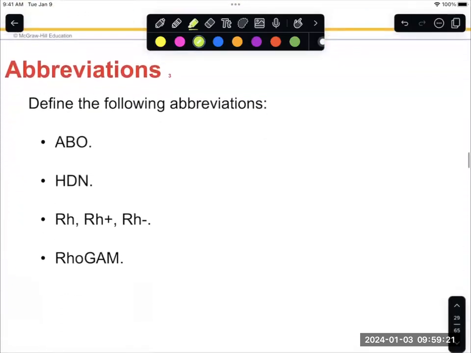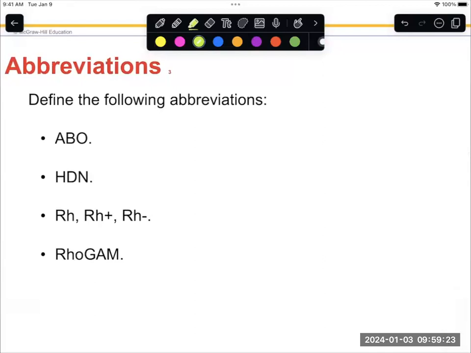So let's look at some of these abbreviations. ABO, that's that blood group system. That type A blood, type B blood, or that type AB blood.